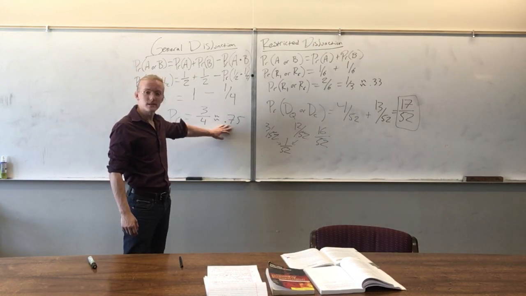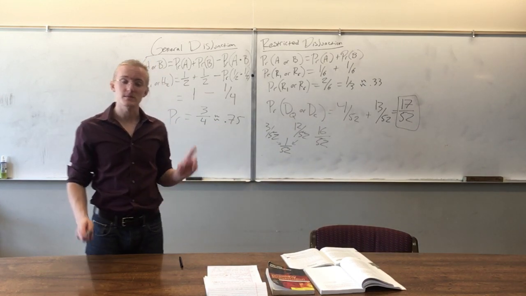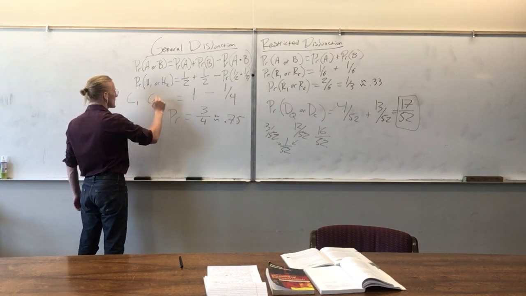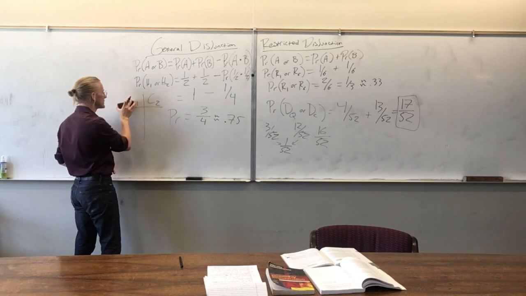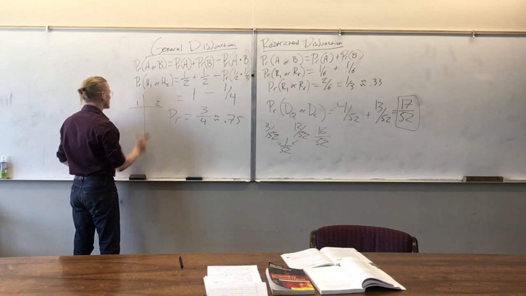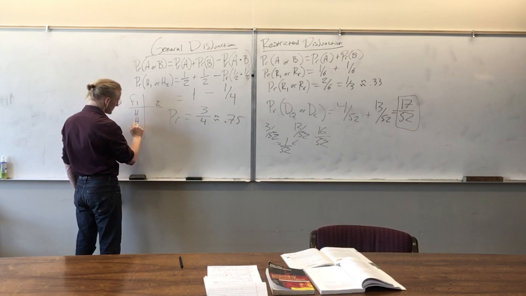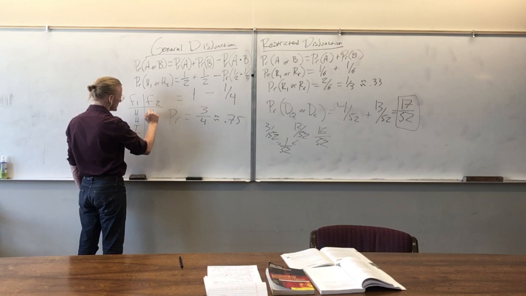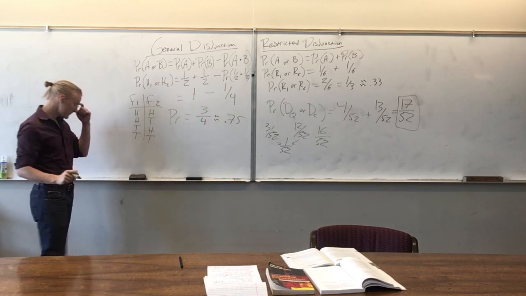It's not 1, because there's one occurrence where you get tails both times. And again, we can use a truth table to show this. So we have flip 1 and flip 2. On our first flip, we'll say we get heads, heads, tails, tails. And our second flip, we get heads, tails, heads, tails.